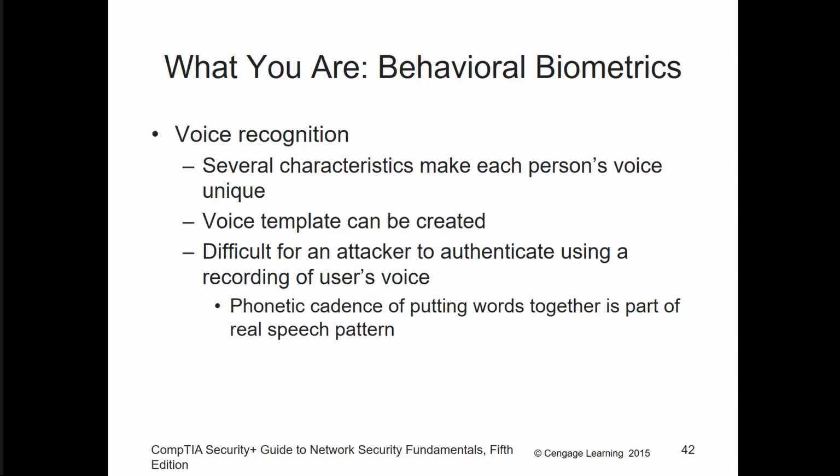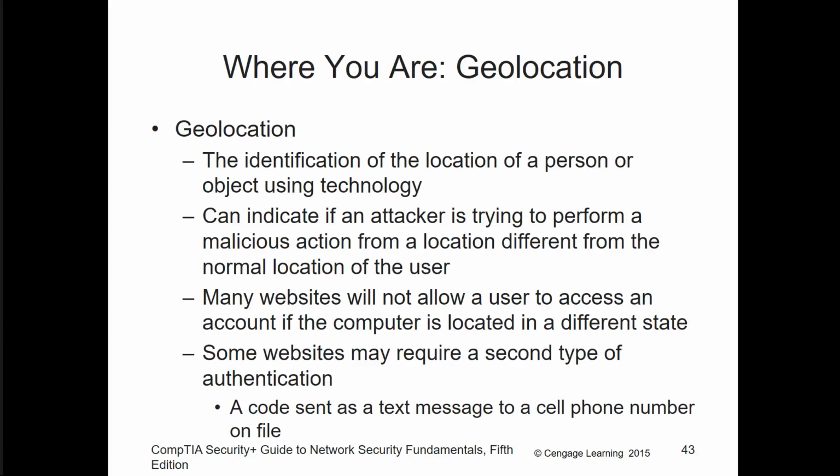Voice recognition, again they're looking at several characteristics that make each user's voice unique. Voice templates can be created, so it's difficult for an attacker to authenticate using a recording of a user's voice. Phonetic cadences for putting words together as part of real speech patterns. We also have things like geolocation, to identify location.